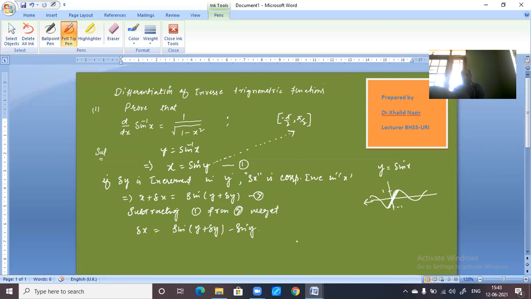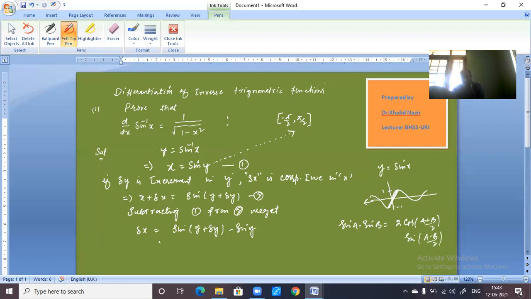So obviously if we look at this one, it is similar to the formula sine of a minus sine of b, right? This is twice cos of a plus b by 2, the average of the angles, right, into sine of a minus b by 2.